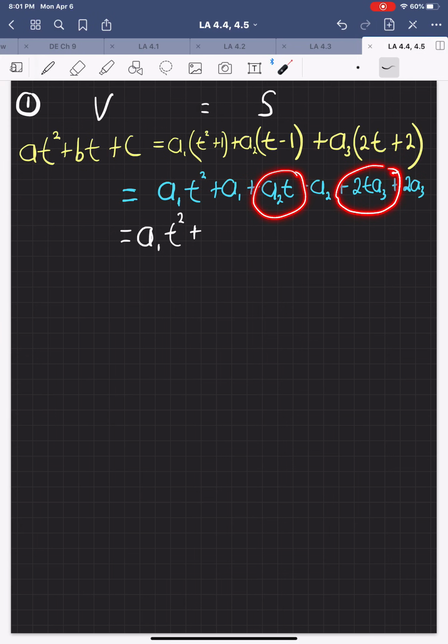So I group them beside each other, and then I'm going to factor out a t. If I factor out a t, I would be left with a sub 2 plus 2a sub 3, and there's my t that I factored out.